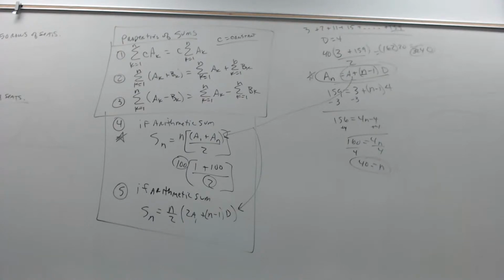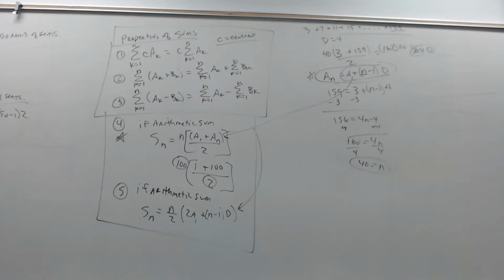A sub 1 is 30. We've got 30 seats in the first row, plus 50 minus 1 times the common difference, which is 2. 30, 32, 34, 36, etc.